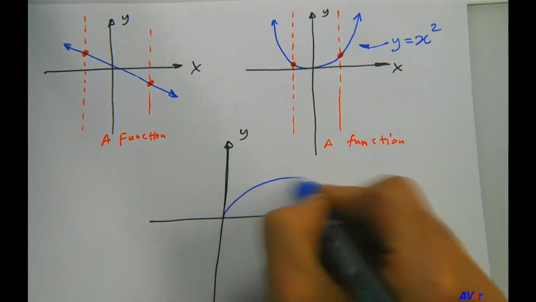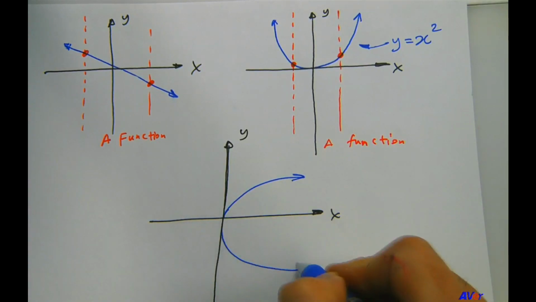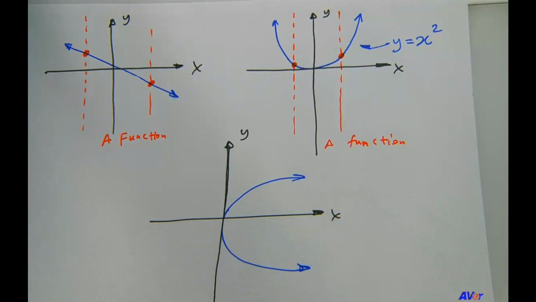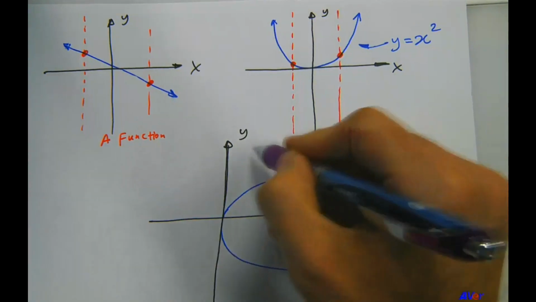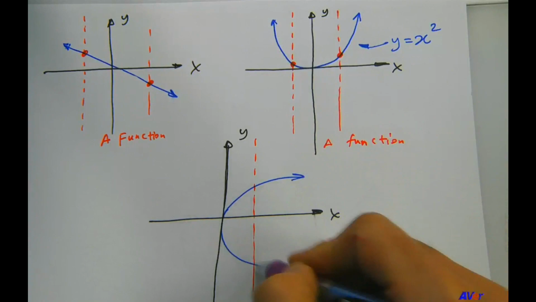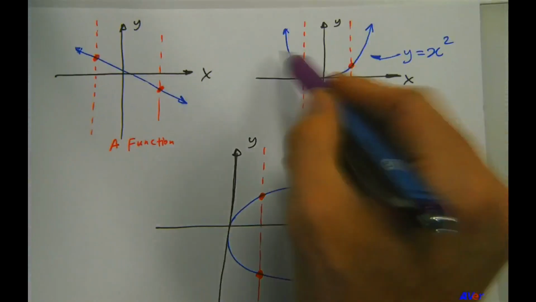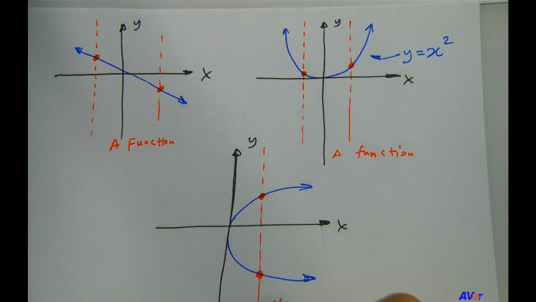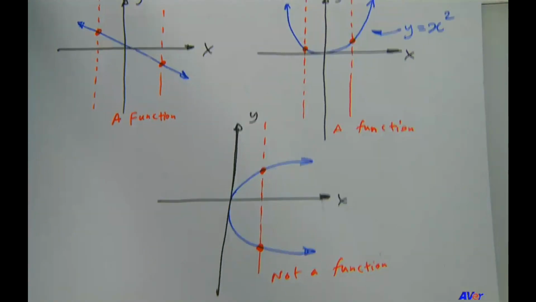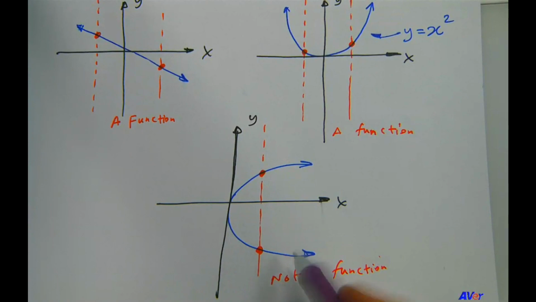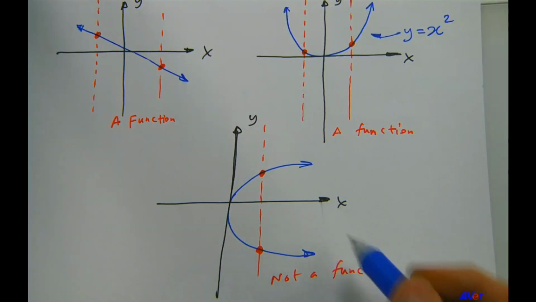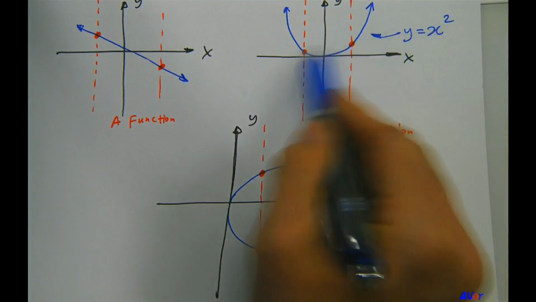What about this graph? Does this represent a function? Well, if you drop a vertical line, it'll intersect it at 2 points. So no, this is not a function. Interesting, right? This is a function. That's not a function.